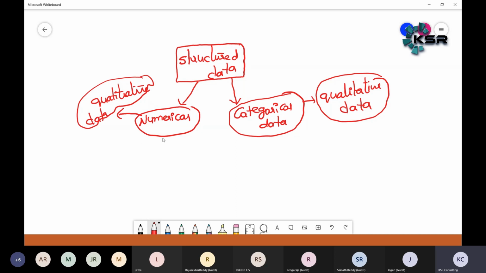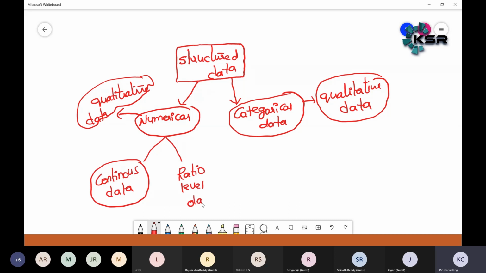The numerical data is of two types. One is continuous data, and the other is ratio level data. I'll explain what that means.